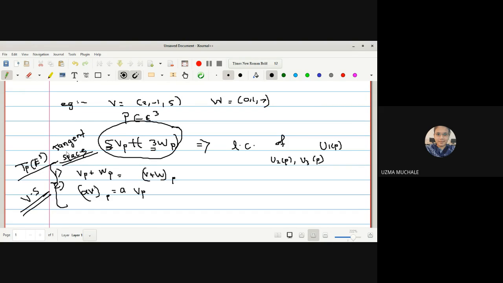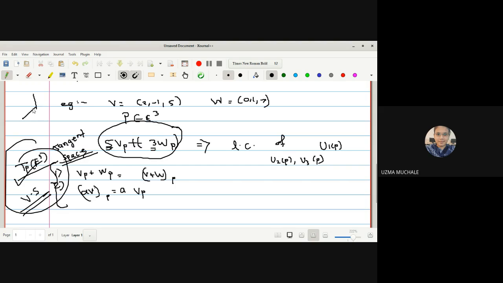Because of the two properties which we have seen in the last lecture. Tangent vector space, instead of saying tangent vector space, it is called simply tangent space. Okay, this is the scalar and this is the vector addition, and hence with the help of this we can prove that the resultant vector will be again a tangent vector in the same tangent space.